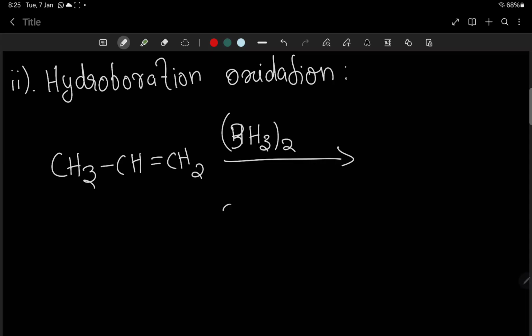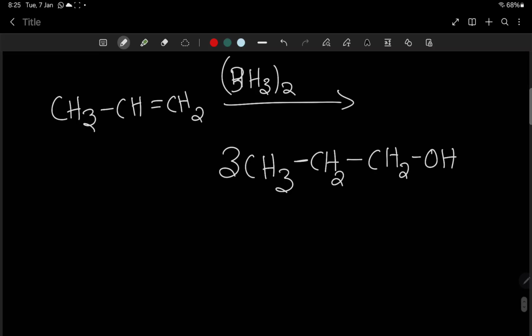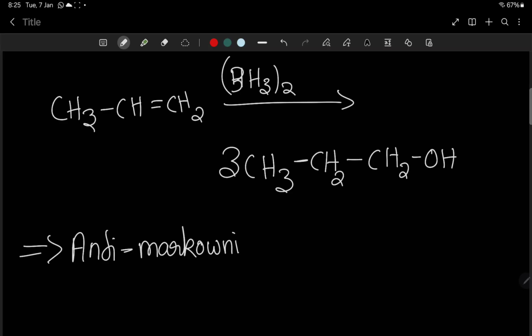We get the anti-Markovnikov alcohol as the product. The thing here is, the addition is opposite to that of acid catalyzed hydration, an anti-Markovnikov addition.